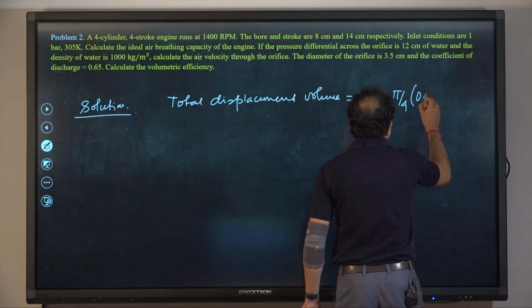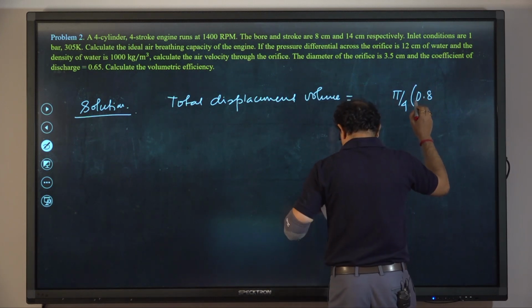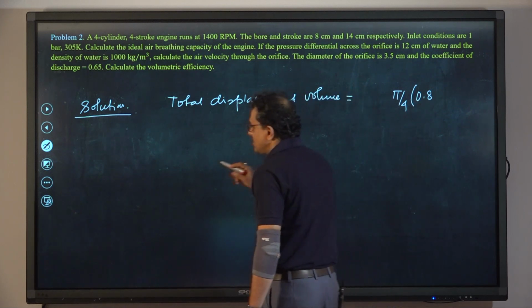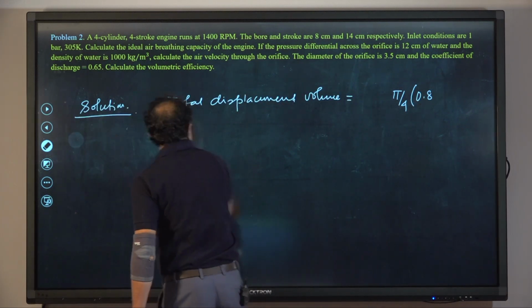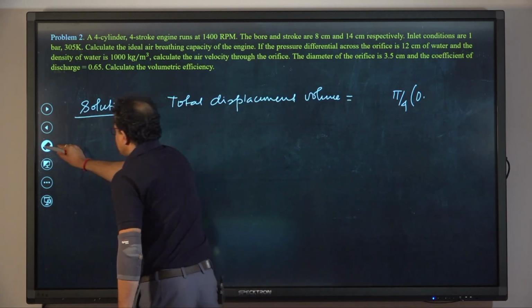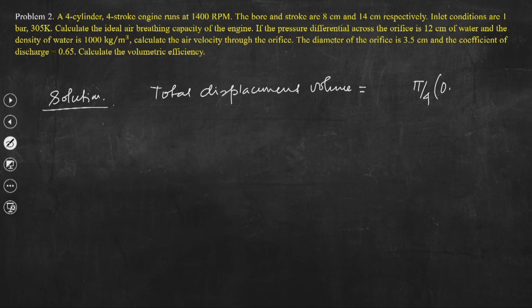So pi by 4 into 0.08, not 0.8, 0.08 square into 0.14. So this is in meter cube, and this is for one cylinder.